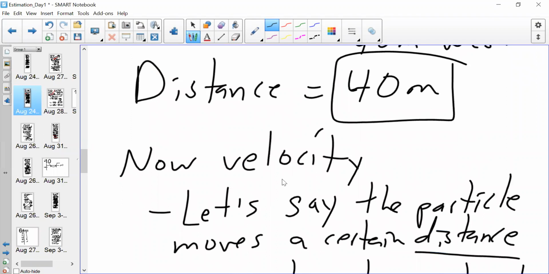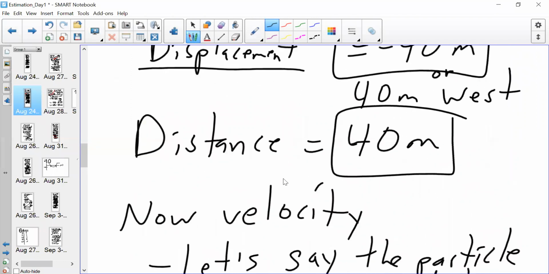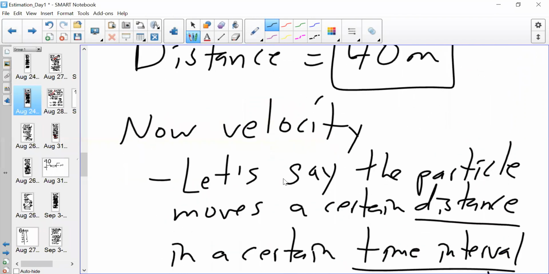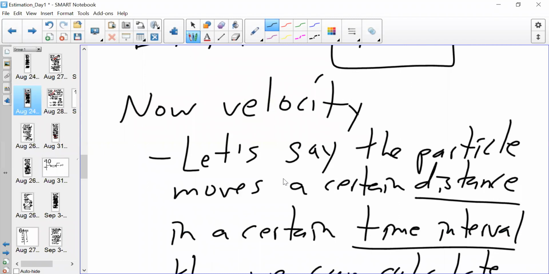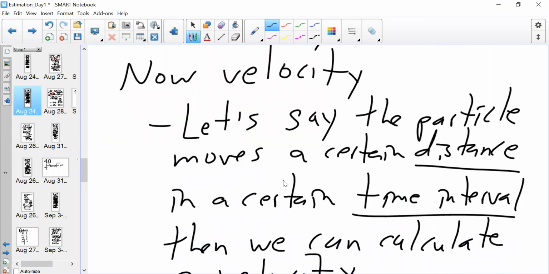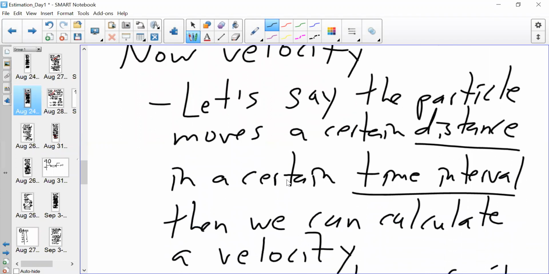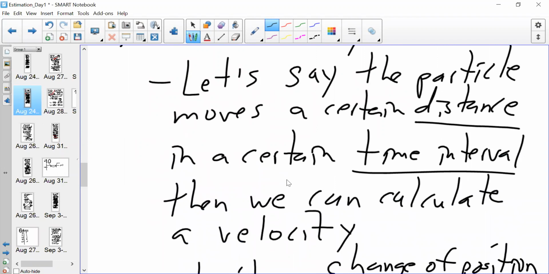Okay, now we've talked about displacement and distance. Let's talk about velocity. Right, again, very important when we go to our CVPM, constant velocity particle model. Let's say the particle moves a certain distance in a certain time interval. Then we can calculate a velocity. That's all it is. Velocity is a change of position divided by a change in time.